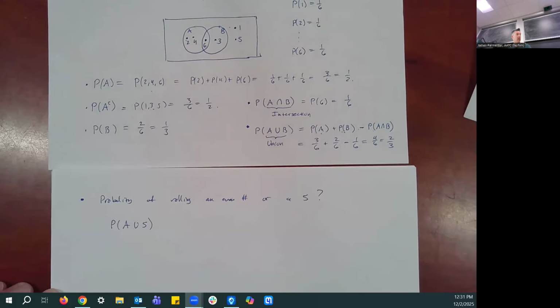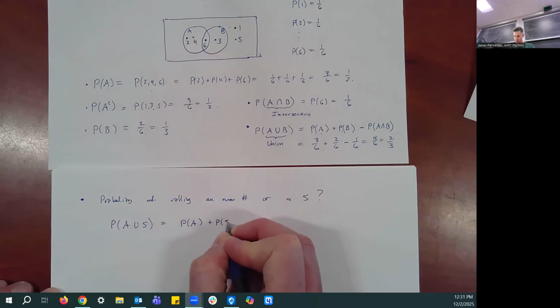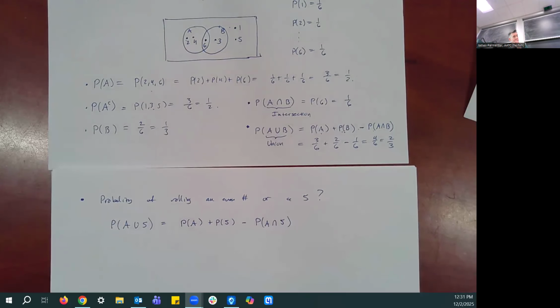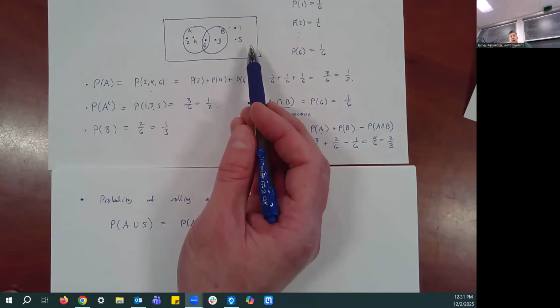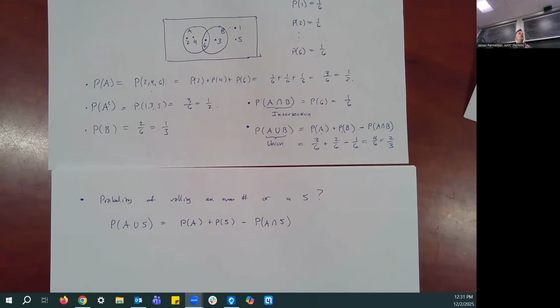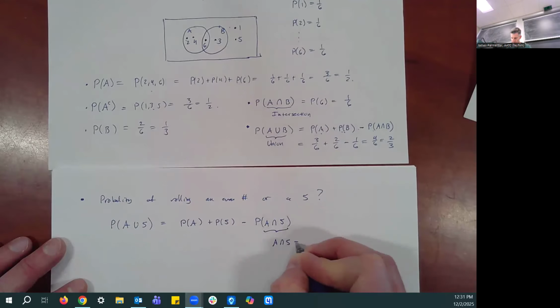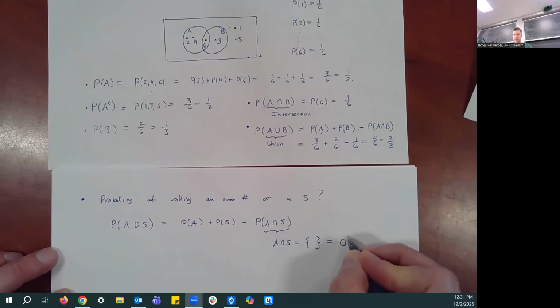Here, if I want to find the probability of something in A or rolling a 5 happening, same idea. It's the probability of A plus the probability of 5 minus the probability of their intersection. But in this case, their intersection is empty. A consists of 2, 4, and 6, and 5 is not in there, so those are disjoint, or mutually exclusive. So A intersect 5 is what's called the empty set, also written as the Greek letter phi.